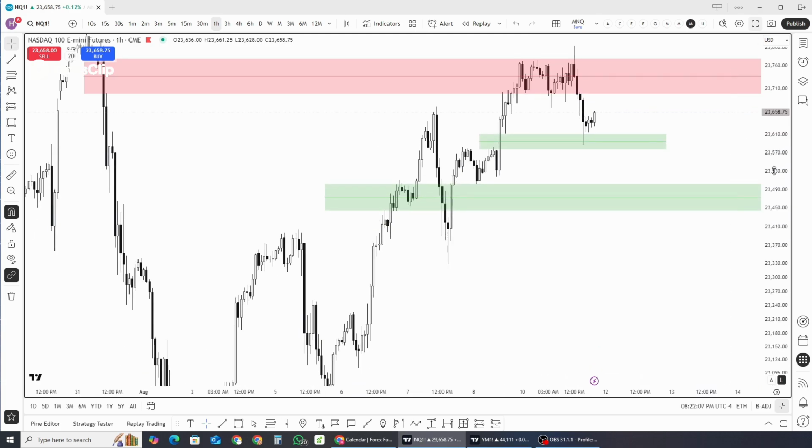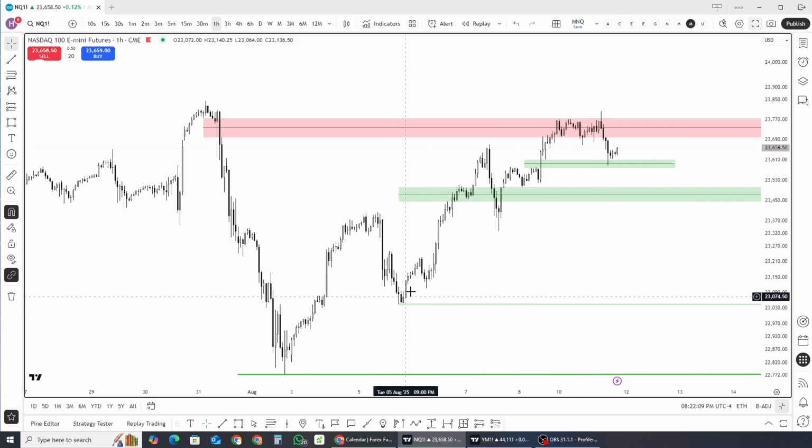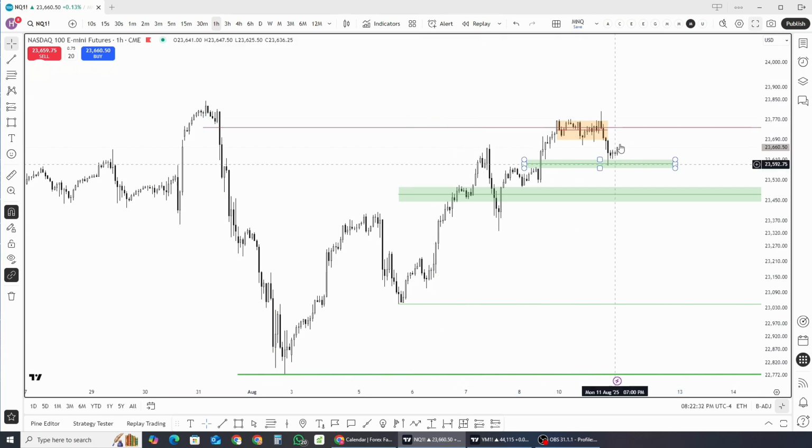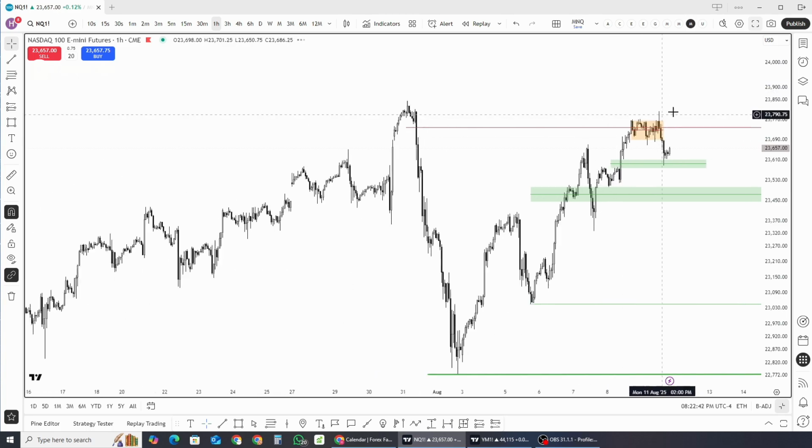Sorry, on a 1 hour chart, we can see that we are overall on an uptrend. Like I said, there are certain things I want to see in price, like this area right over here. This here for you guys so you can take a look. Will price go above here, respect this block, or go higher and keep going higher?